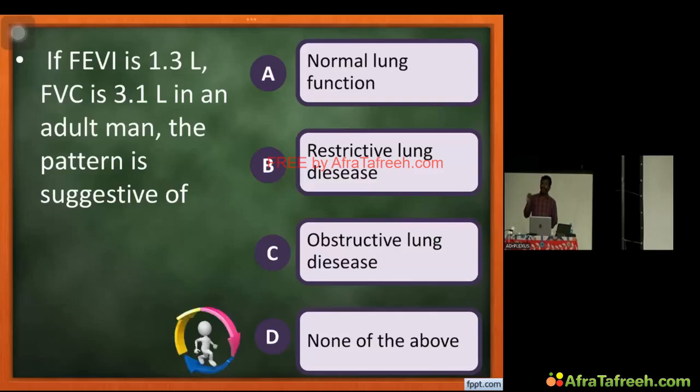In all questions in your MCQs, whether in the app or in the exam, they will have FEV1, FVC, DLCO, and that will be the main thing to make a lot of diagnoses in the question.